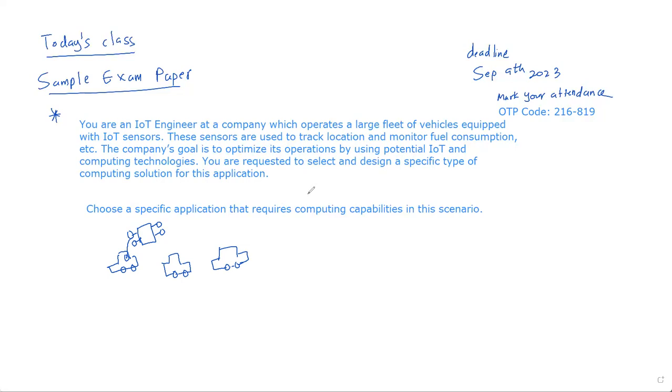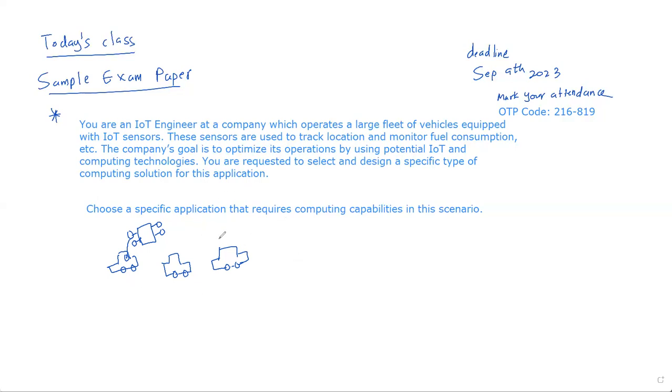In this case, we can assume that this application is run by a separate company, like for example, Uber or PickMe. Let's take for example PickMe, and the PickMe company has a group of vehicles situated at a certain space in a certain area.